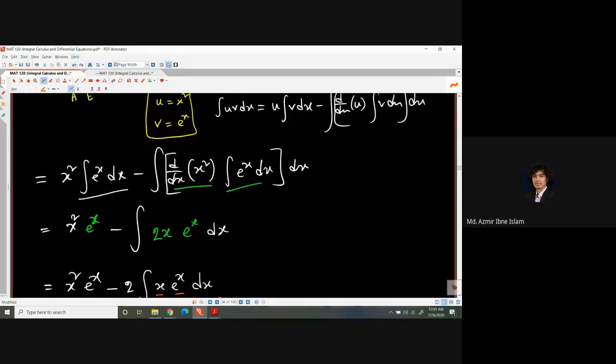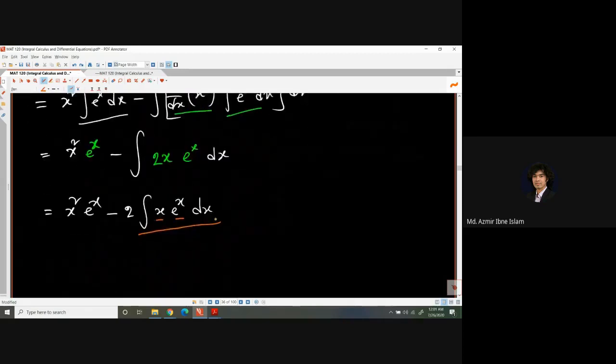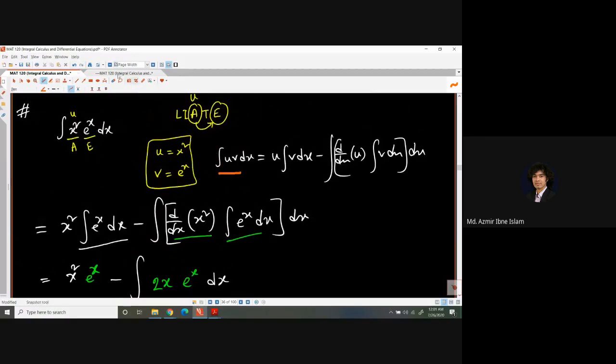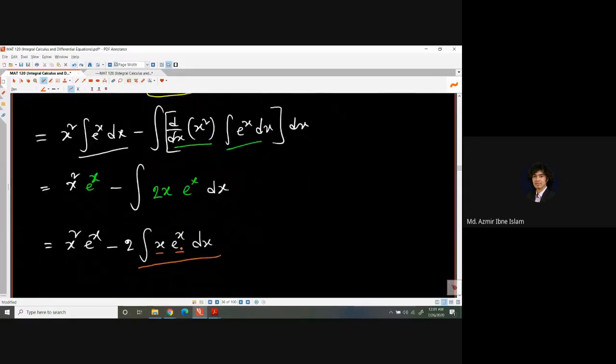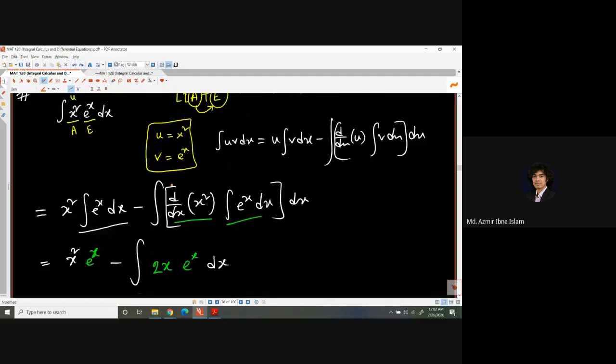That means we are trying to find the antiderivative for this integral where we have x squared e to the power x, but finally we have applied this one and we are getting another integral part. So just to solve this one, let's apply the same technique again.